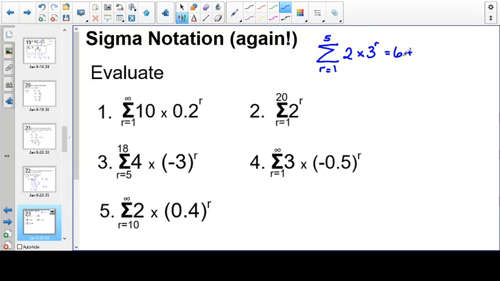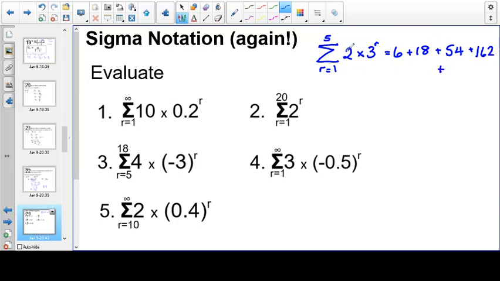The second term would be 2 times 3 squared, so that's 18. The third term will be 2 times 3 cubed, which is 54. The fourth term is 2 times 3 to the power 4, which is 2 lots of 81, 162.